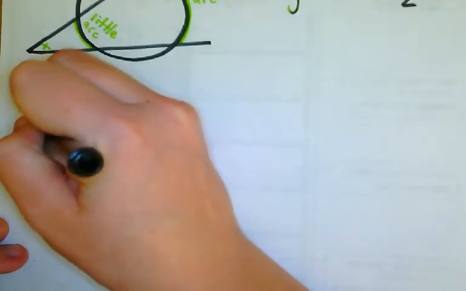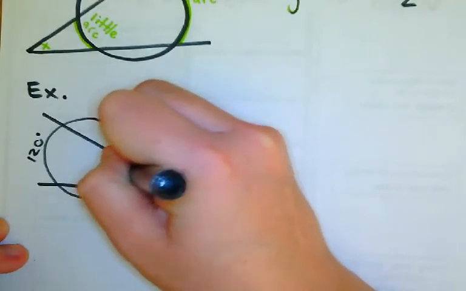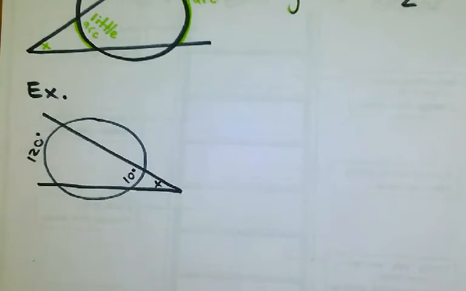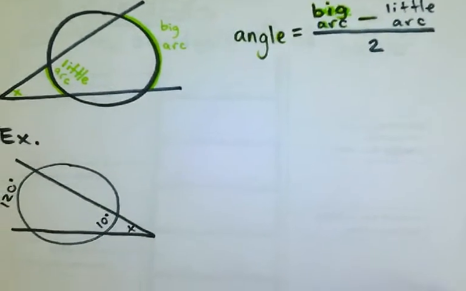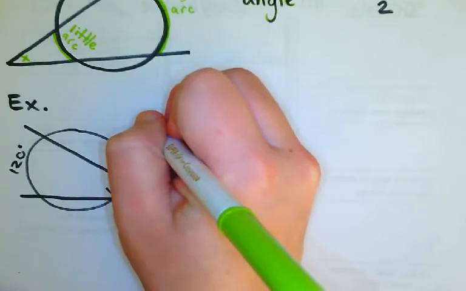Alright, we know this is 120 degrees, this is 10 degrees, and we want to find that angle x. Again, remember, it's angle equals big arc minus the little arc divided by 2. So, what's our angle? X.